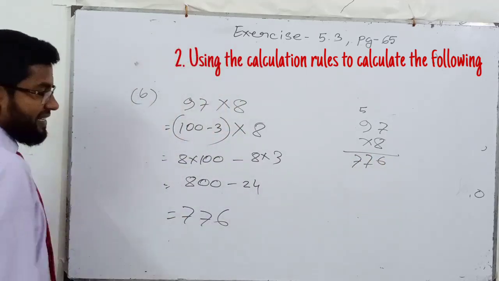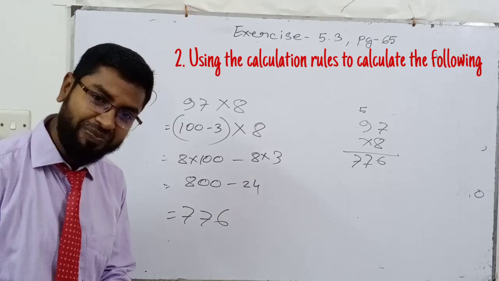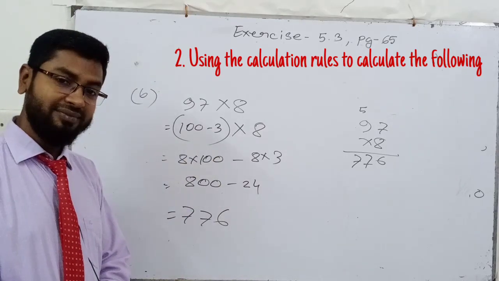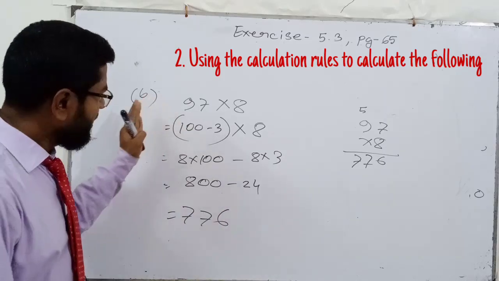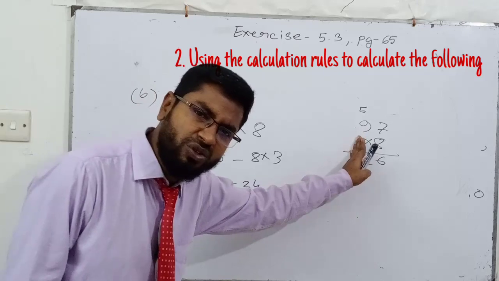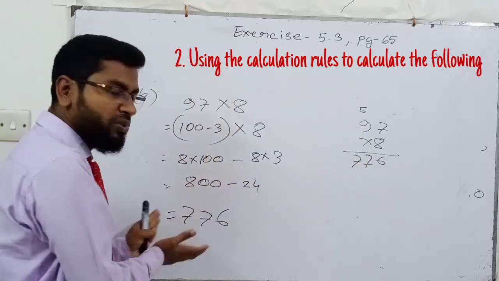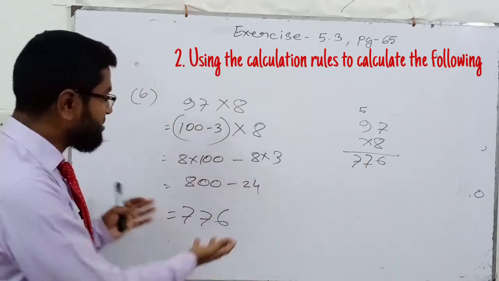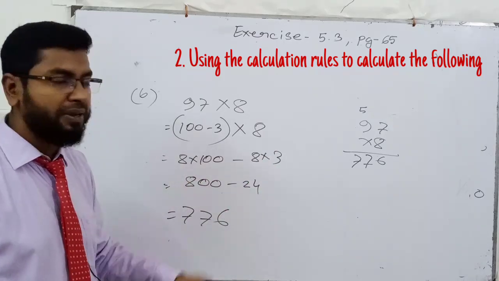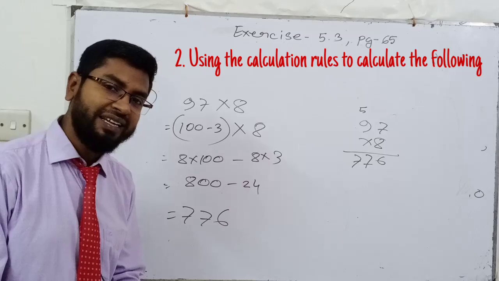This answer and this answer are the same. Have you understood? Yes, you are thinking this is easy. I also believe this is easy. But this way also we can get the answer. Look, I did not do any difficult multiplication. Here is very simple multiplication; orally we can get the answer.